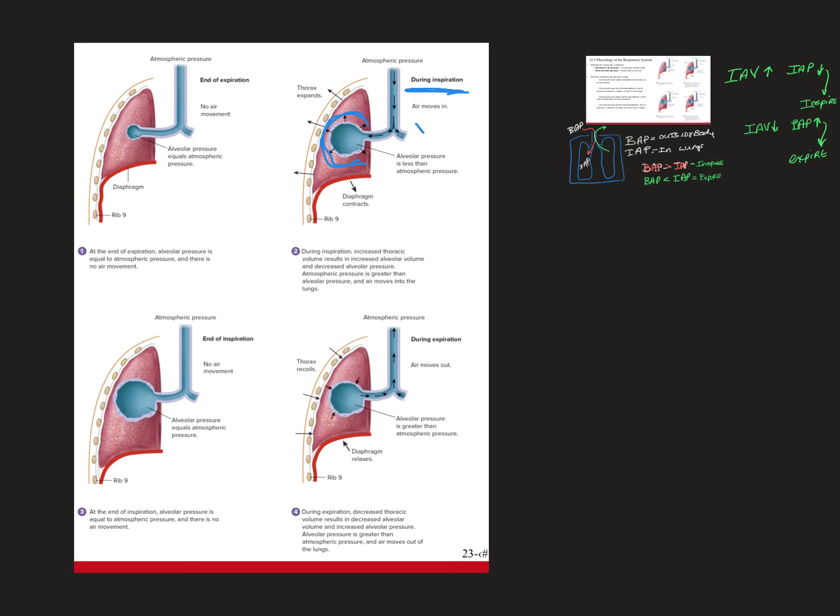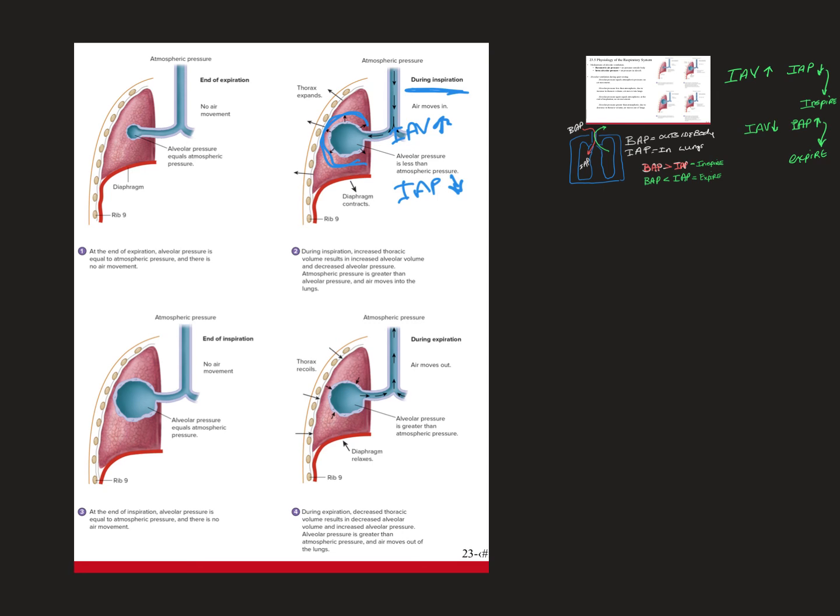So my intraalveolar volume increased, which means that the intraalveolar pressure decreased and air moves in. Right? Everybody see that? Is there anybody who doesn't see that?